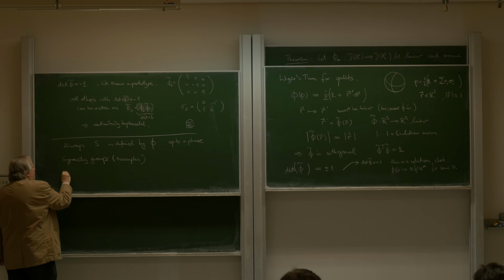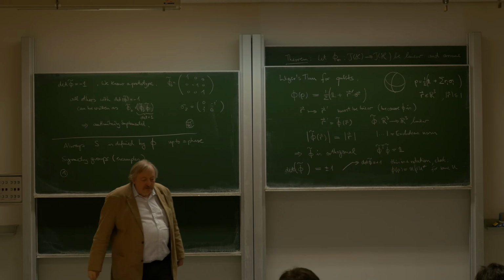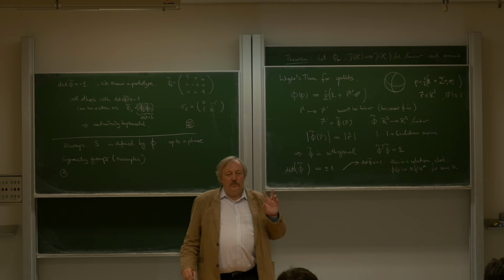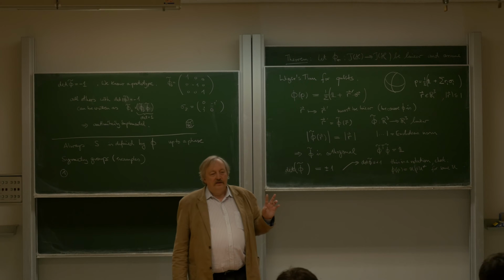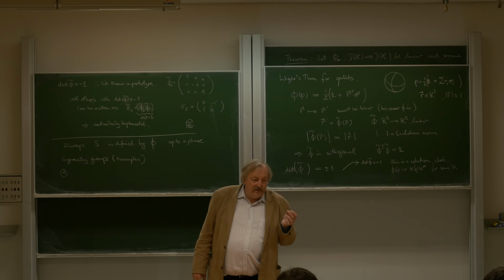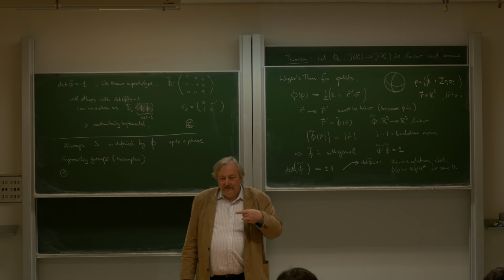The first example is a group of symmetries that is as small as possible, apart from the trivial one. It has just one other element. So a two-element group, where the element that is not equal to the identity has to square to the identity.